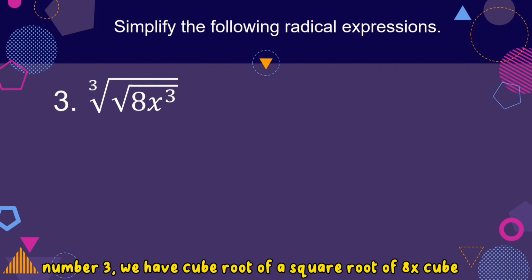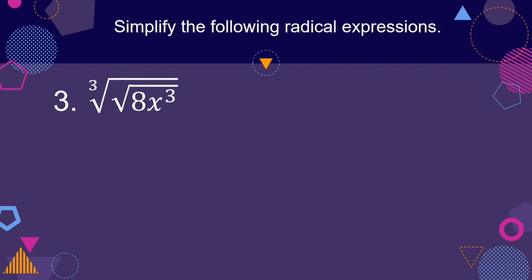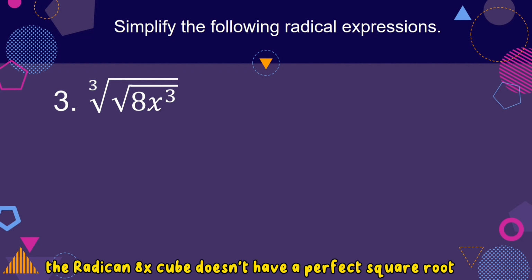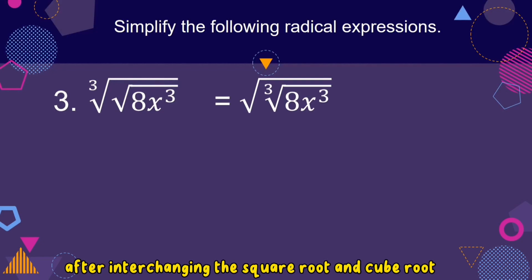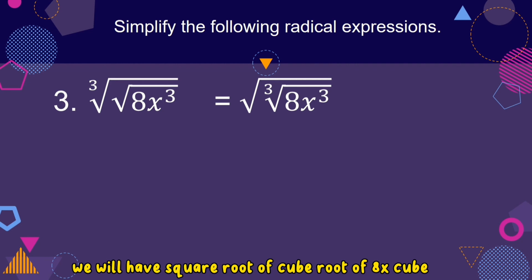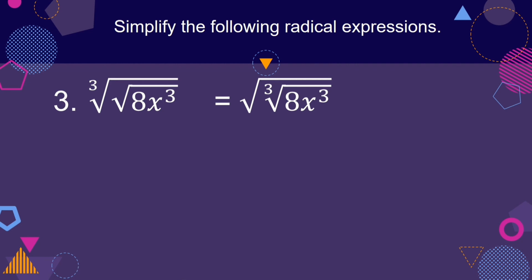Number 3, we have cube root of square root of 8x cubed. The radicand 8x cubed doesn't have a perfect square root, but it has a perfect cube root. So all we have to do is to interchange the square root and the cube root. After interchanging, we will have square root of cube root of 8x cubed.